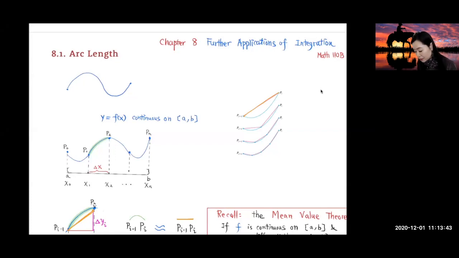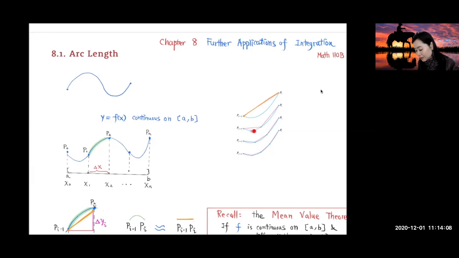Here's the idea. If I try to find the arc length of this, I can approximate it by this nice segment that connects straight from this point to this point. That will be an approximation to the arc length. However, it's not a very good approximation, so I can do better.